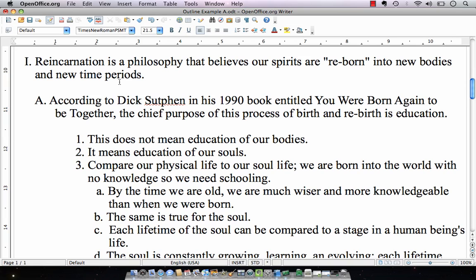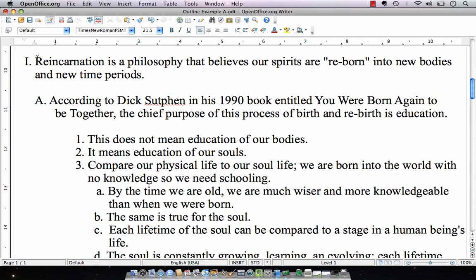Not fragments, not one word. So, for example, Roman numeral 1, reincarnation, would not work for a main point. Right? So make sure it's a complete sentence.